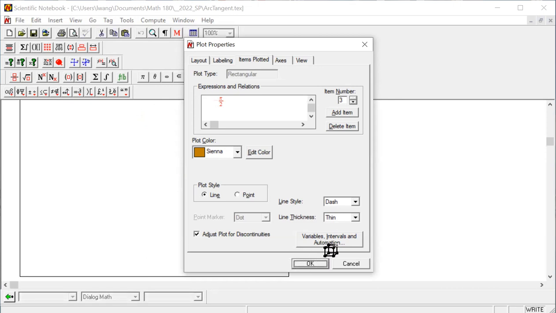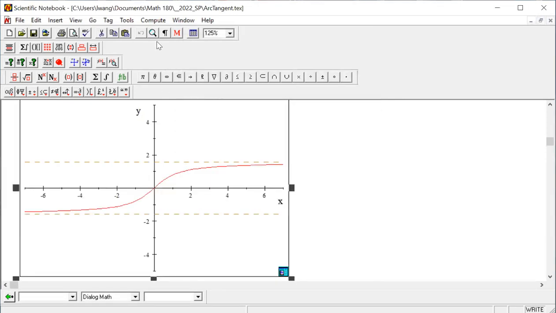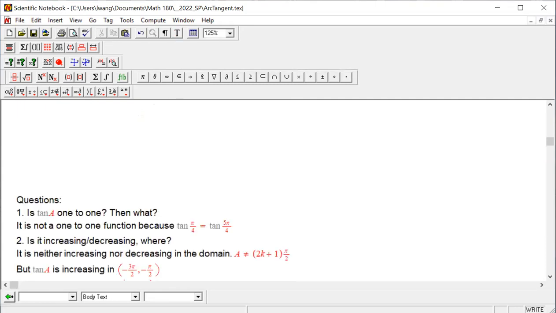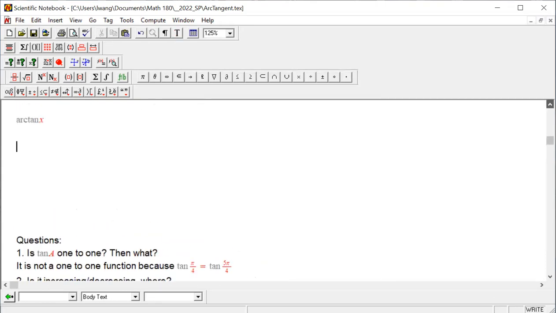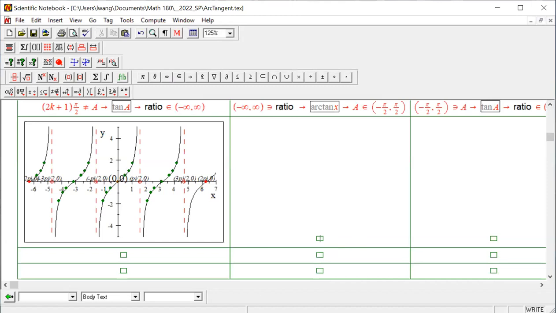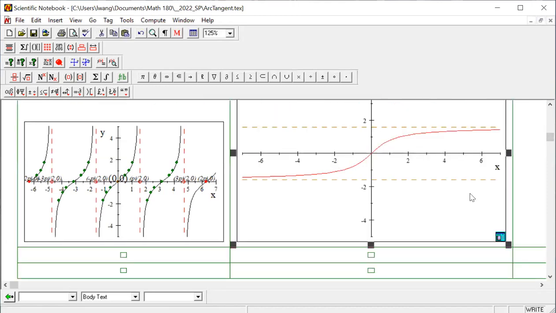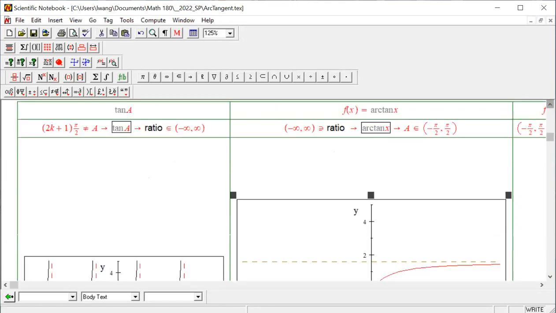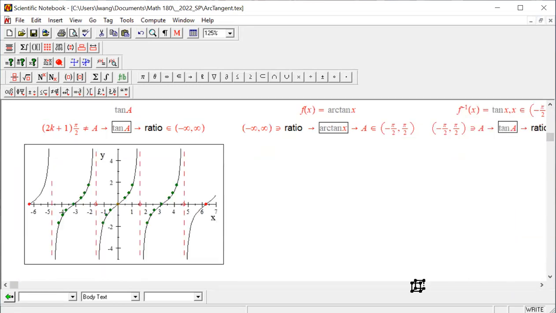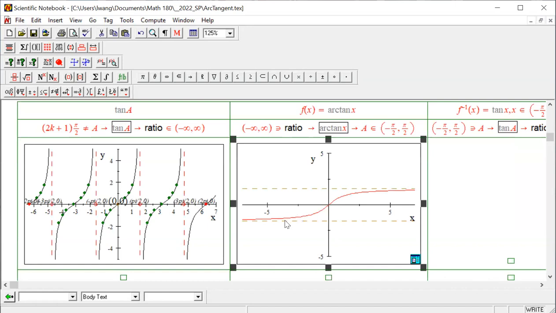So we see these horizontal asymptotes. And of course, I could have put the points there; I can leave that for you. You see, that's arctangent. So this way the graph is kind of comparable.